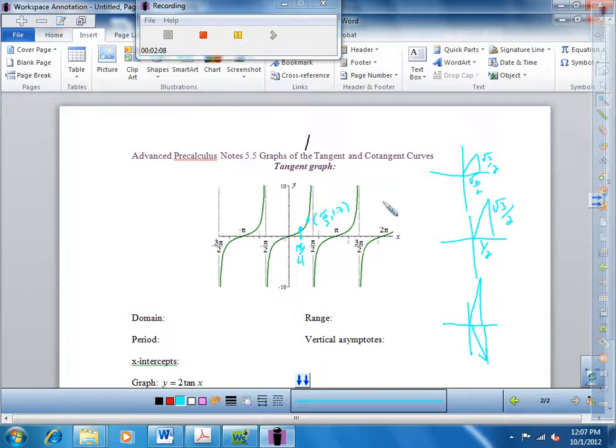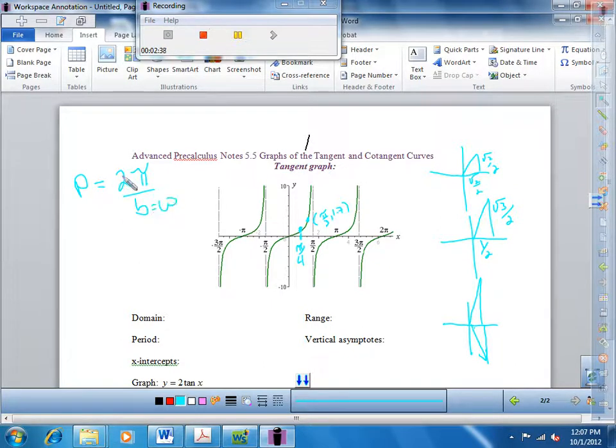And as you can see, it repeats itself every pi radians, not every 2 pi radians. So when you're looking for the period, you know that formula I gave you for the sine function? Period equals 2 pi over the frequency, which they call b or omega.